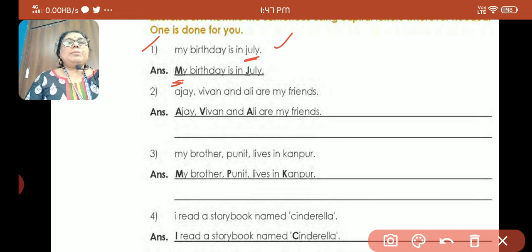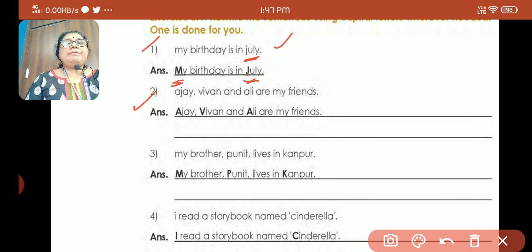July, name of a month. So, J will be in capital. So, you all have seen, one is done for you all, no? Beginning of a sentence always begins with a capital letter. Name of a month, it's always a capital letter. So starting J is written in capital. Done.